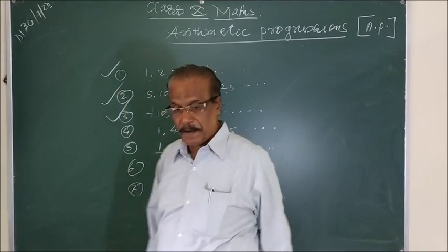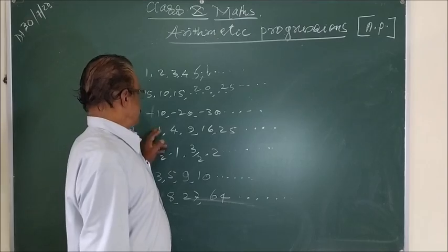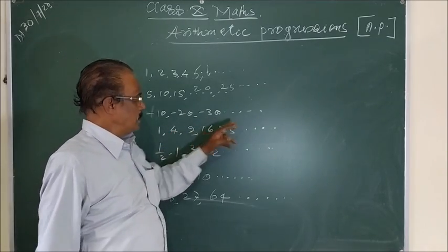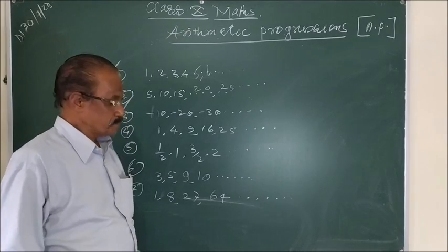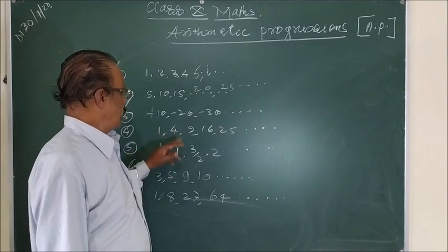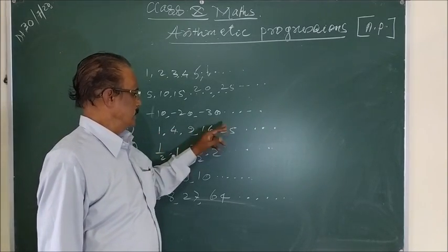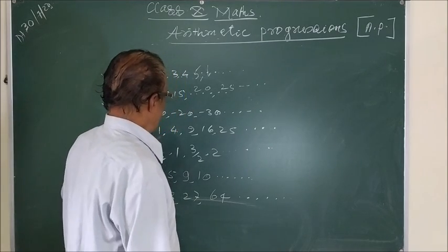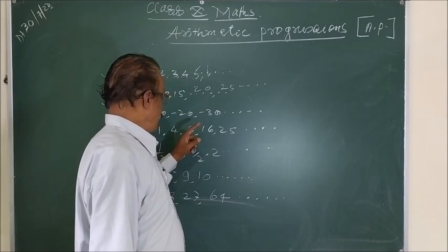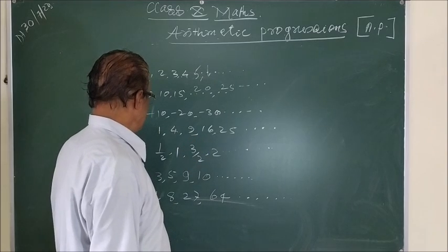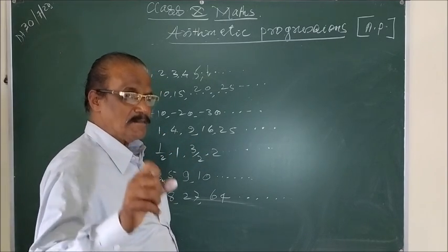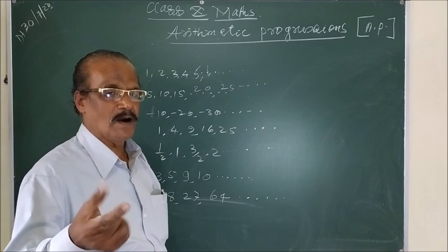Now you see example number 4. These are the list of numbers. Although we can write the next numbers. 1, 4, 9, 16, 25, dash. What will be the next number? You can observe here, these are the squares of all natural numbers, starting from 1.